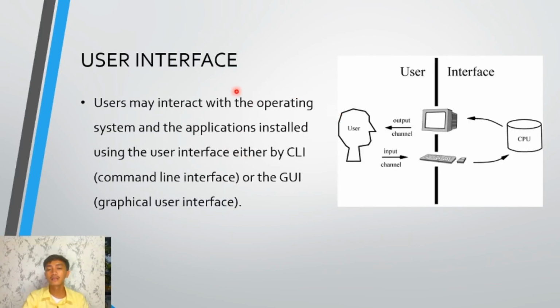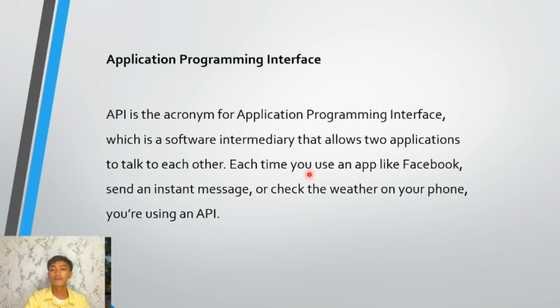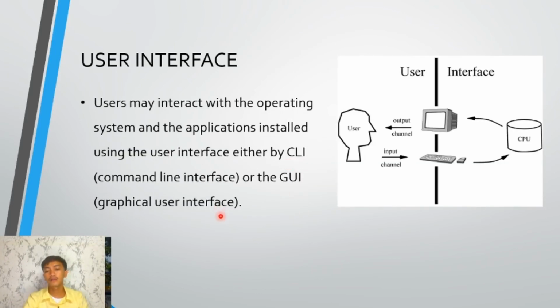Next is the user interface. Users may interact with the operating system and the applications installed using the user interface, either by command line interface or the graphical user interface. We are all familiar with what a graphical user interface is.